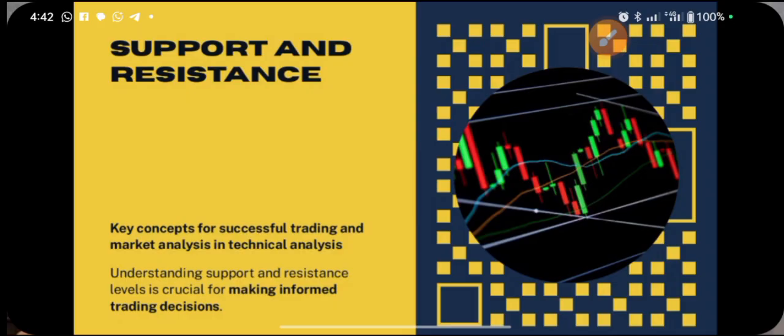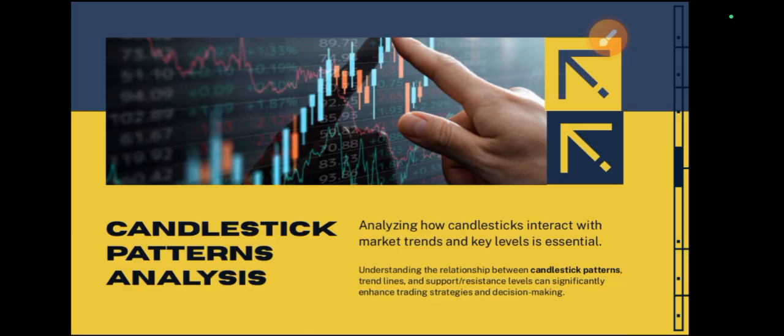All right, so the next one is candlestick pattern analysis. Analyzing how candlesticks interact with market trends and key levels is essential. Now I have explained the candlestick pattern, so it is very important to understand. You need to be able to analyze the candlestick, know how it works in the market, and know what it means at a particular place, zone, or point in the market movement.